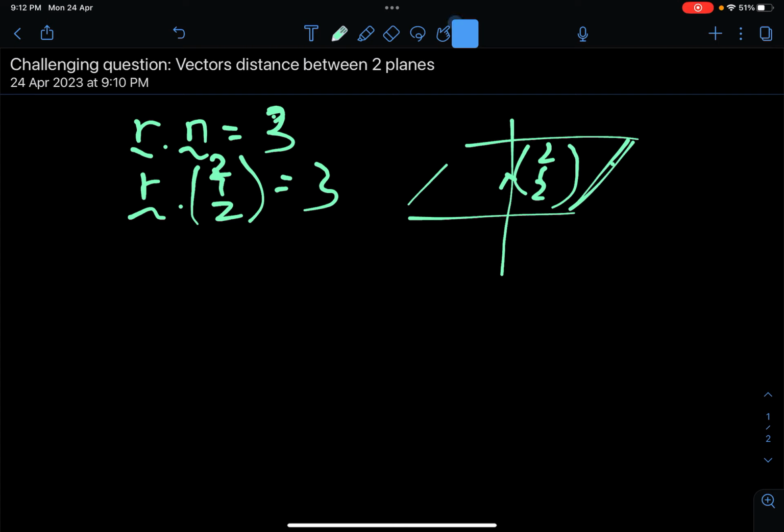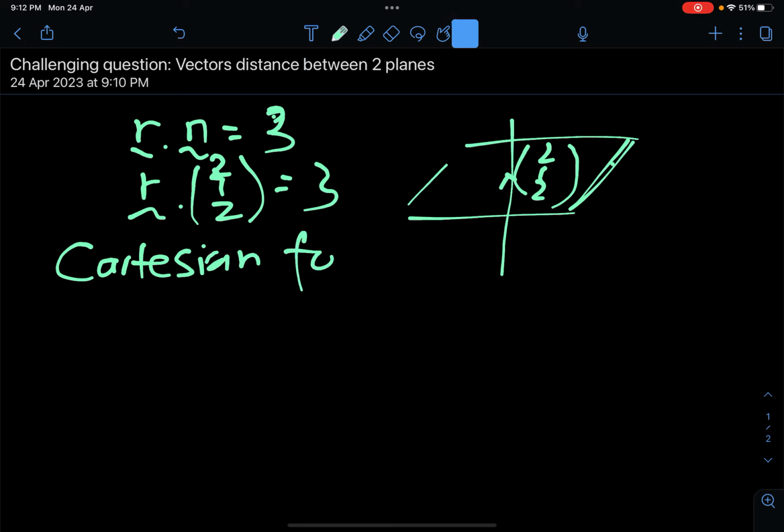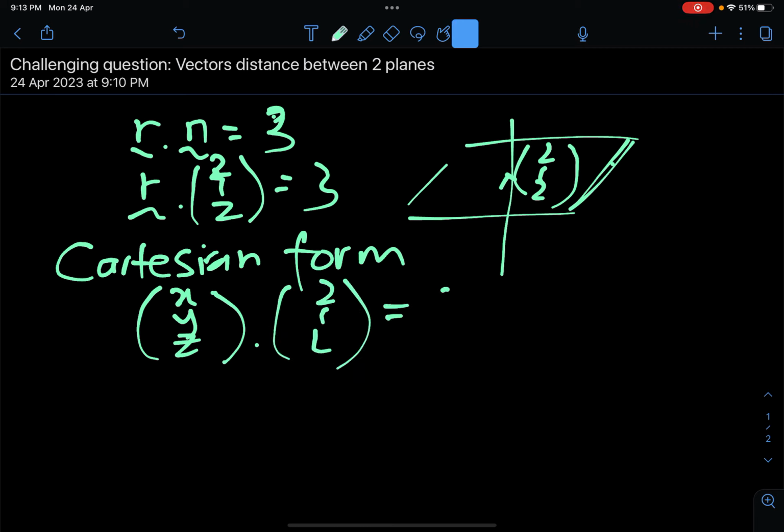There's the second way of writing a vectors equation, which we call the Cartesian form, which is if we replace the r with (x, y, z), right? (x, y, z) dot (2, 1, 2) equals 3.